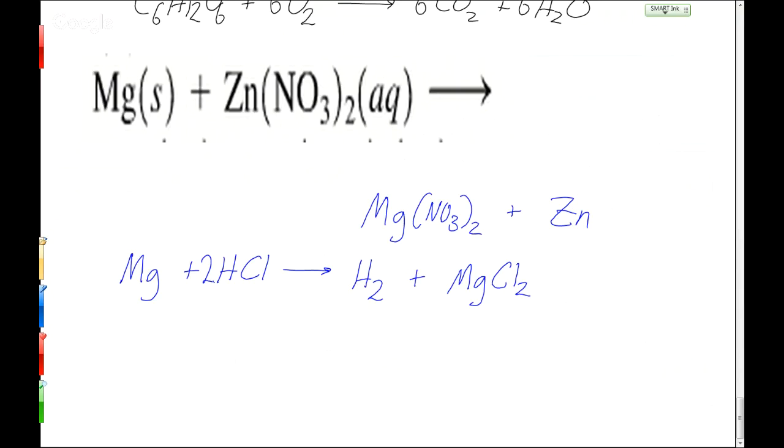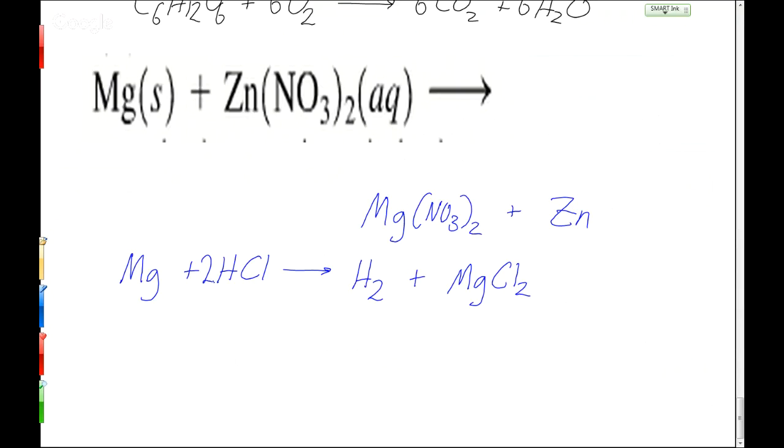Where this can get a little bit trickier is in what we did in lab, which is also an example in the book. When you put some metal in HCl, same idea. The Mg is going to go with the Cl and the H is going to be on its own. But yeah, it's going to turn to H2 because whenever H is on its own, it's always H2. That's one of those diatomic gases.